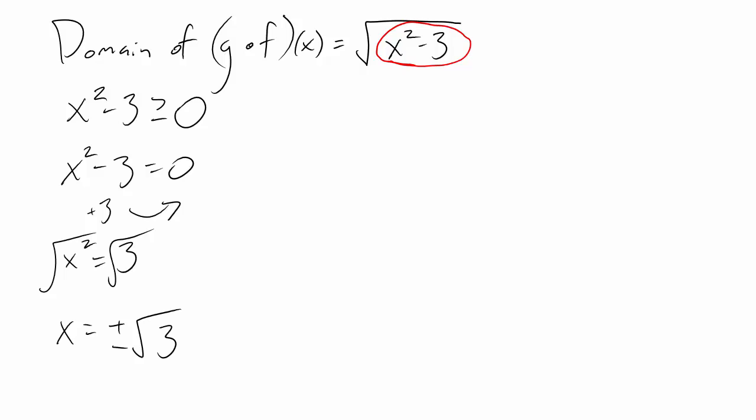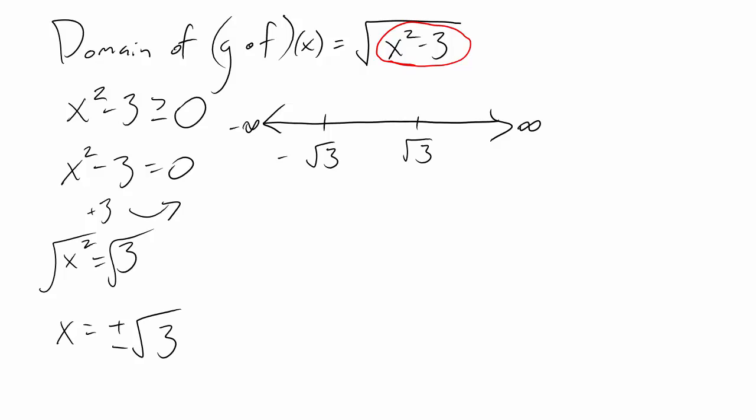Alright, so this is going to give us a basis for finding out where x squared minus 3 is greater than or equal to 0 by allowing us to set up a sign chart using a number line. So we have our negative infinity out here to the left, positive infinity out here to the right. Here is our negative square root of 3 on that number line, and here is our positive square root of 3.